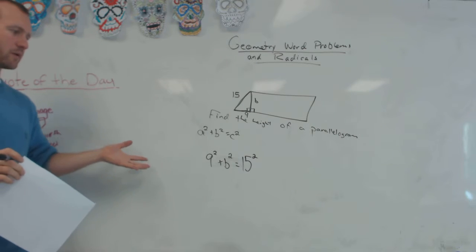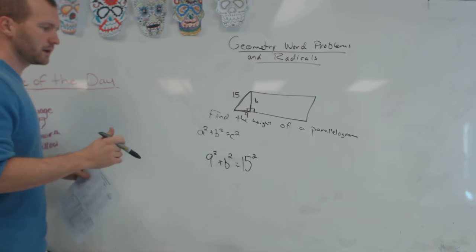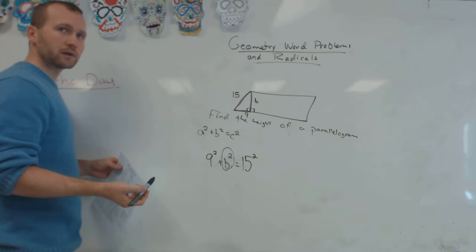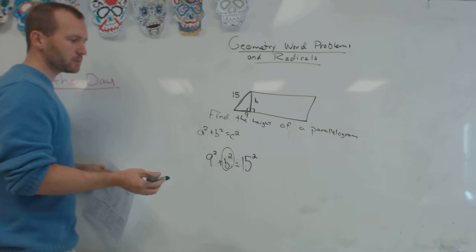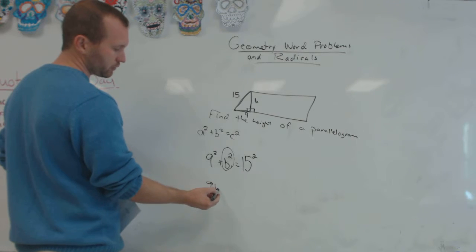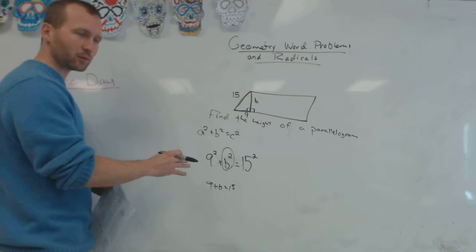Now you have to remember those rules for solving radical problems, right, or exponent problems. I have to get this alone before I take the square root. One of the most common errors people make is they go, oh, I'll just take the square root of everything. So 9 plus b equals 15, square root of everything. But that doesn't work.